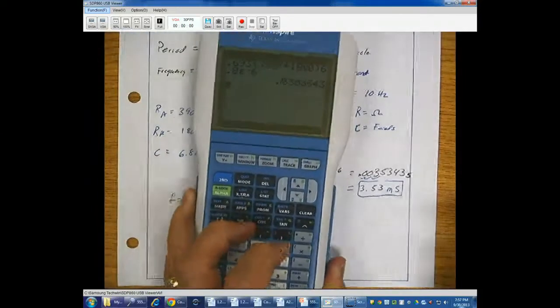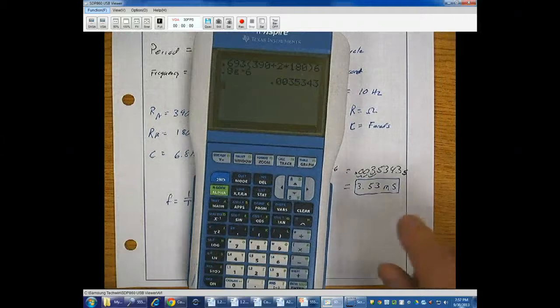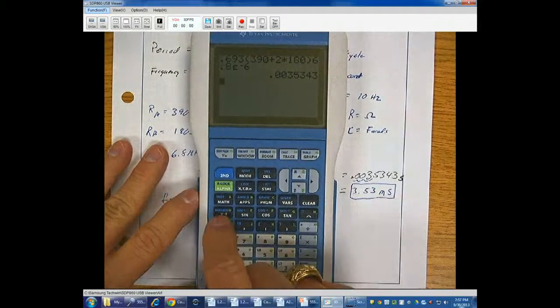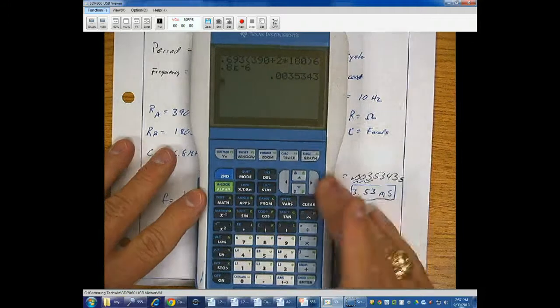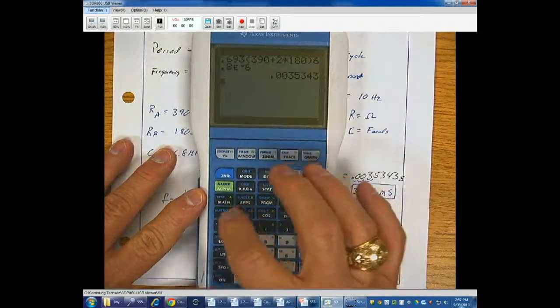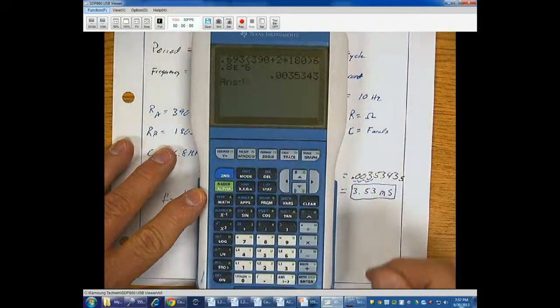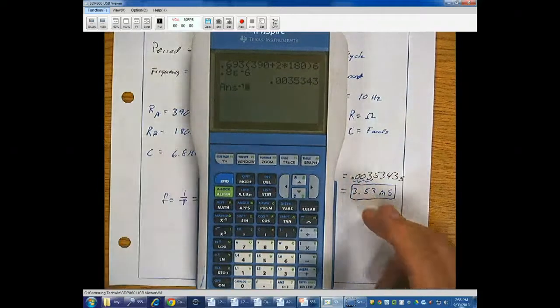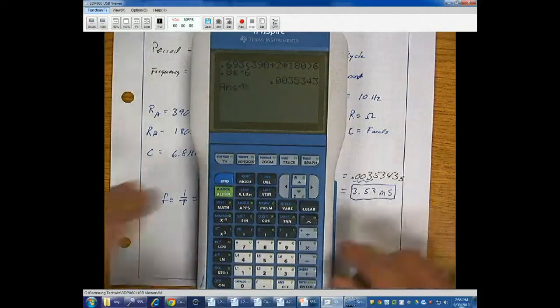Either way, the nice thing in the calculator, again with the TI-84 models, is this little x to the negative 1 button is really handy. There's my answer. I can say answer to the negative 1 power. That's the same thing as inverse. Raising a number to the negative power means flip your fraction over.